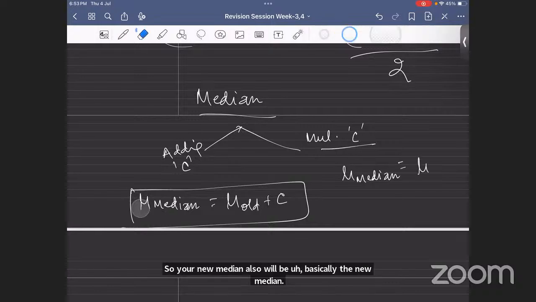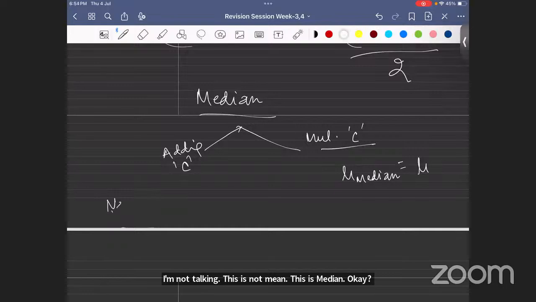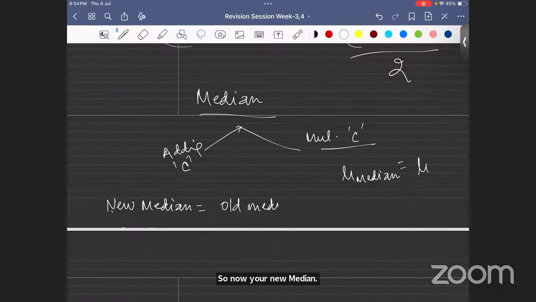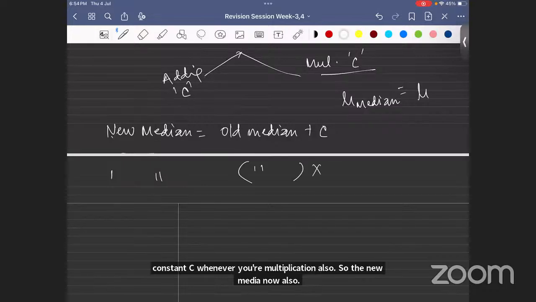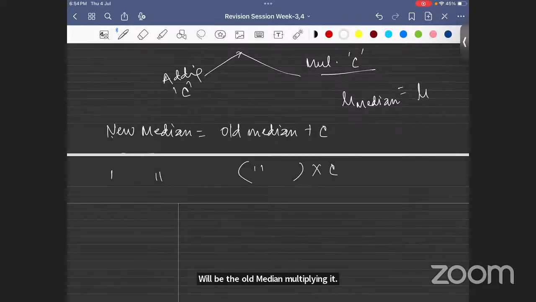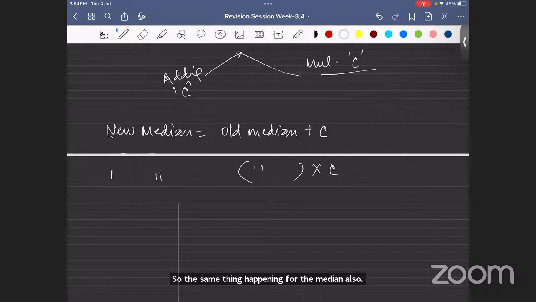I'm not talking about the mean, this is the median. So the same thing happens for the median also. Is this clear to everyone?